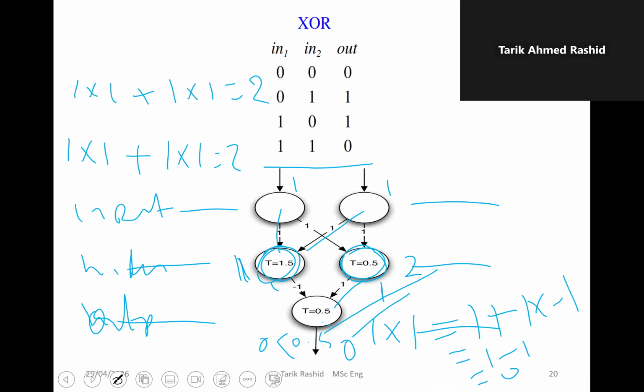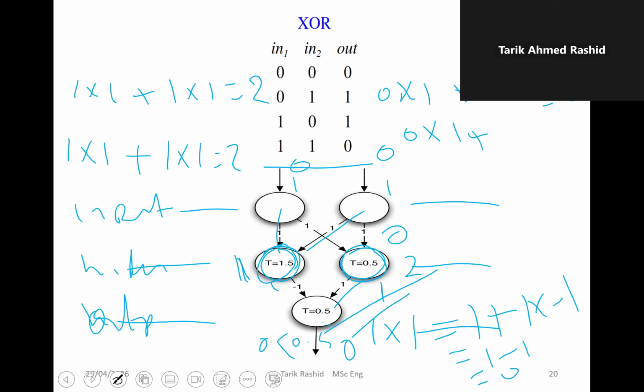Now we can take 0, 0. Again, check 0, 0. If we feed 0, 0, then 0 multiplied by 1 for the first neuron is 0 altogether. And for the second neuron, 0 multiplied by 1 is 0.